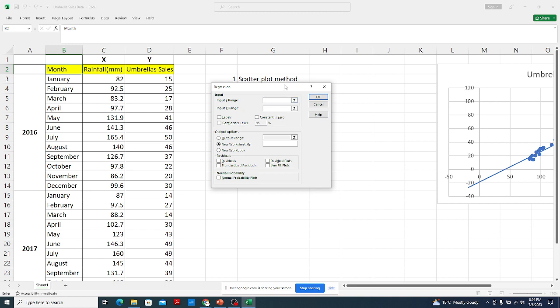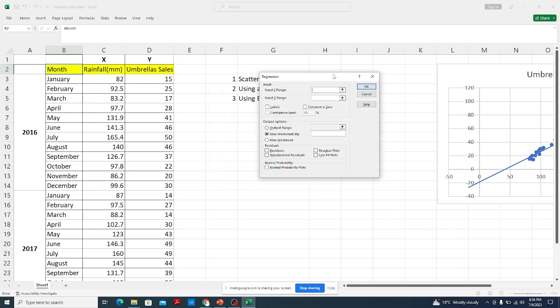Okay, so now you can see we have the input range. The first input range is the Y range, what we are trying to predict, and then our second input will be the X range, which is our independent variable.